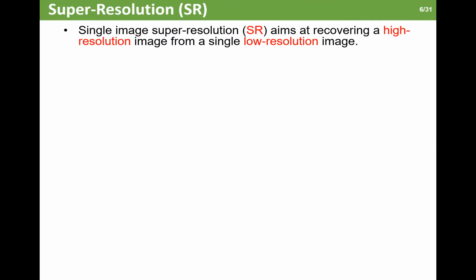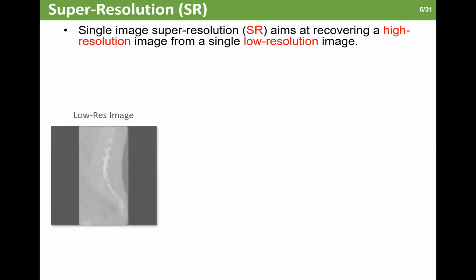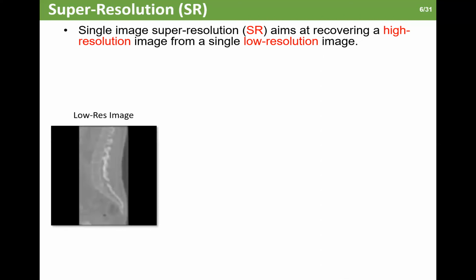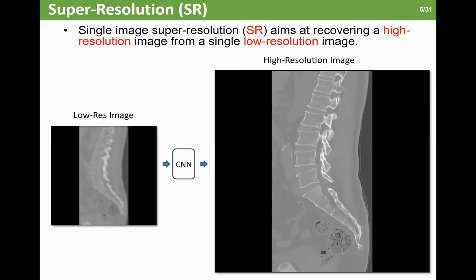So super resolution, the aim is to recover high resolution from a single low resolution image. Okay, so if you have a low res image like this, you want to feed this into your convolutional neural network, and you want to get a high resolution image like this.